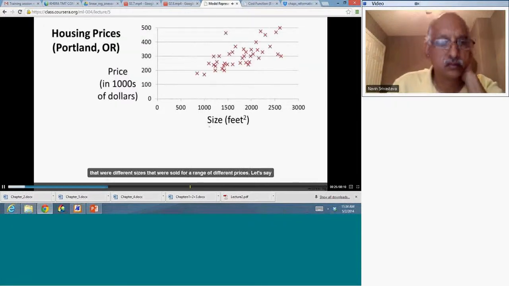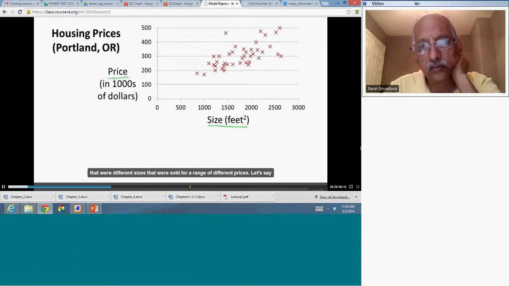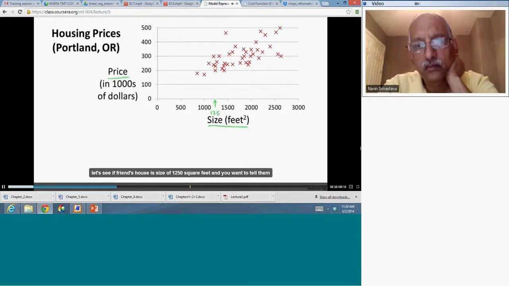Let's say in this data set, you have a friend that's trying to sell a house, and let's say your friend's house is size 50 square feet, and you want to tell them how much they could sell it for. Well, what you can do is fit a model to this data, and maybe tell your friend that they can sell the house for about that.